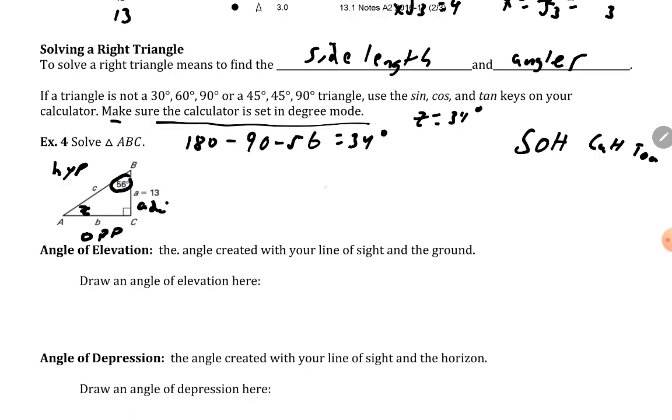So I'm going to use cosine of 56 degrees is equal to adjacent, which is 13, over hypotenuse, C. I'm going to multiply both sides by C. So I have C times the cosine of 56 equals 13.